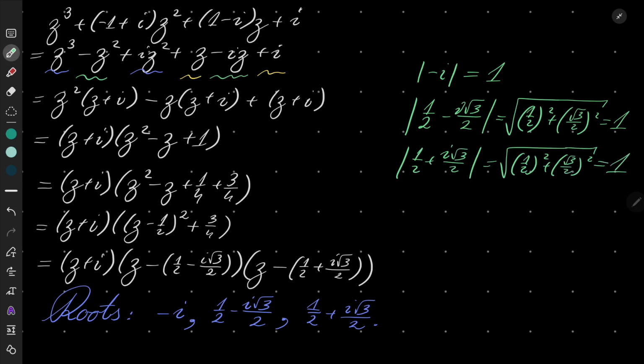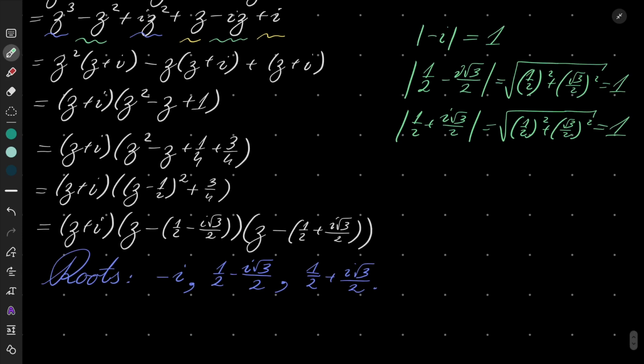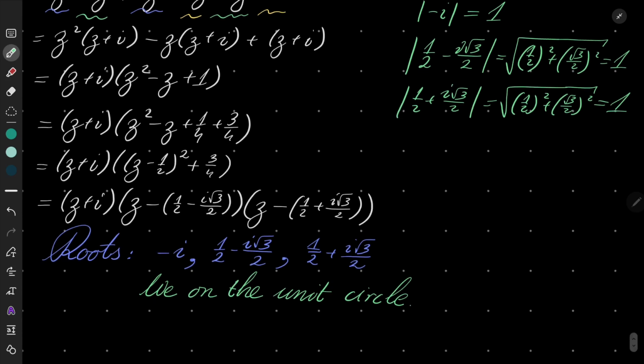So we now see that all of these numbers lie on the unit circle. And to be honest, that's our answer. The circle going through these points is the circle with center (0, 0) and radius 1.